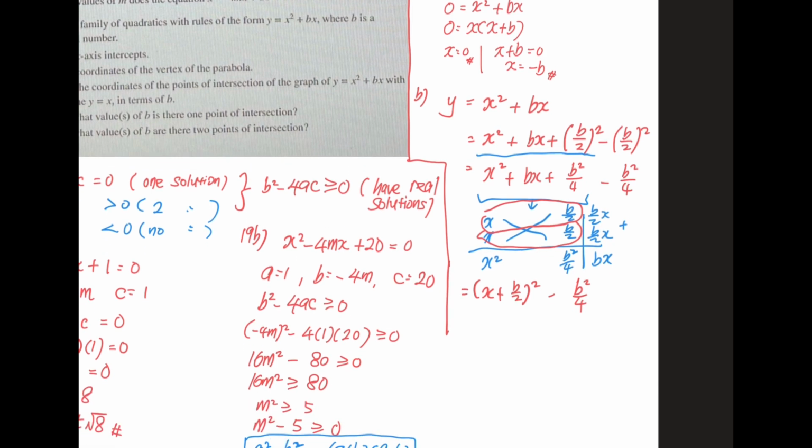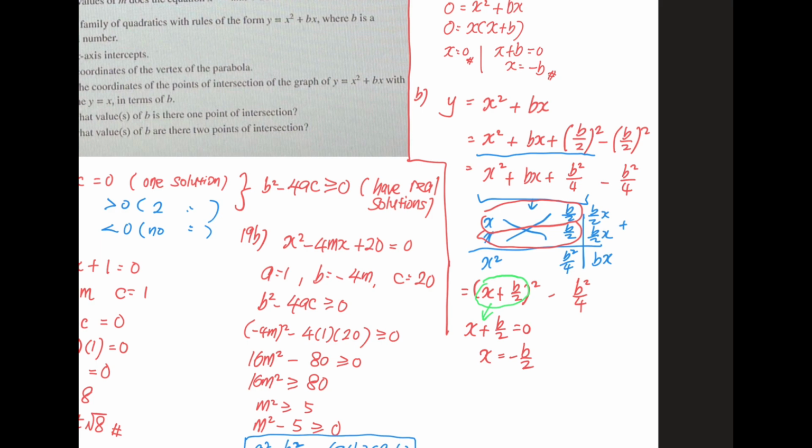Okay, so that is the end of completing the square. So we have done complete the square when we reach here, and we need to know how to get the x and the y. To get the x, we take the thing from the bracket. We take x plus b over 2 equal to 0. Then we get the x.